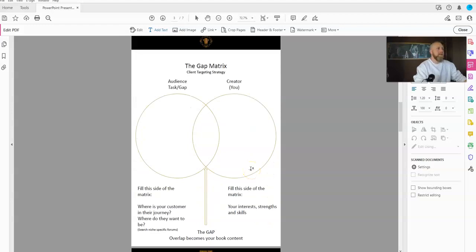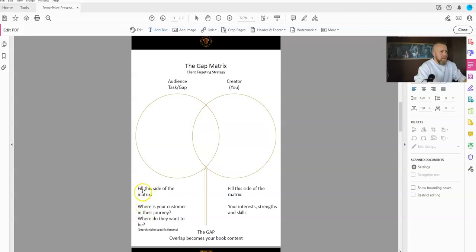All right, guys, this is called the gap matrix. And what we're actually going to do here is figure out what the content of your book should actually be. All right. So the first thing that we do over here on this side of this matrix, so there's the left hemisphere, the right hemisphere, and the central overlap, the gap, all right, at the end of the day.